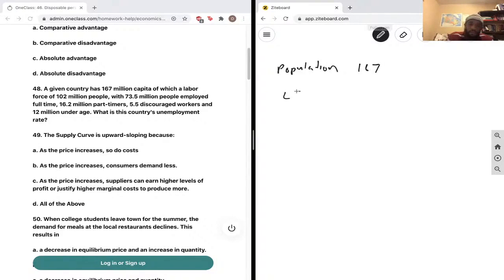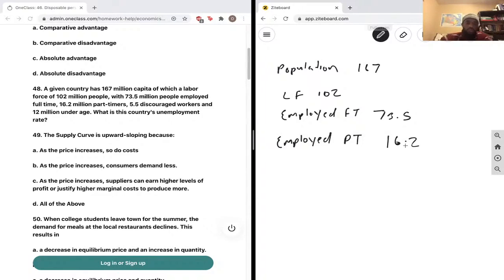With a labor force of 102 million, 73.5 million people are employed full-time. 16.2 million are employed part-time. 5.5 million are discouraged workers.